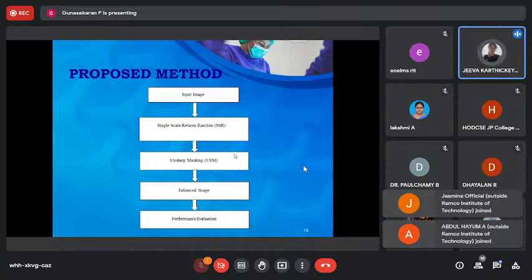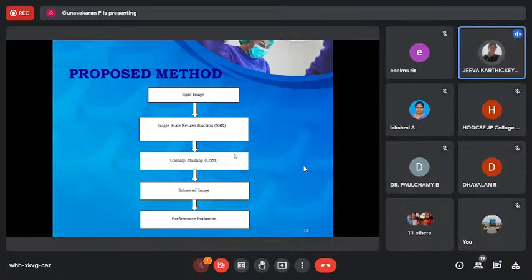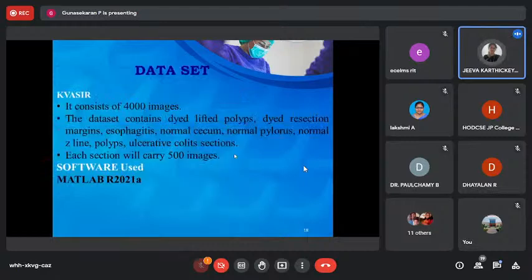Then we compare the performance of this proposed method with the existing methods like histogram equalization and adaptive histogram equalization. Here I used the Kvasir data set. This data set consists of 4,000 images containing 8 sections.